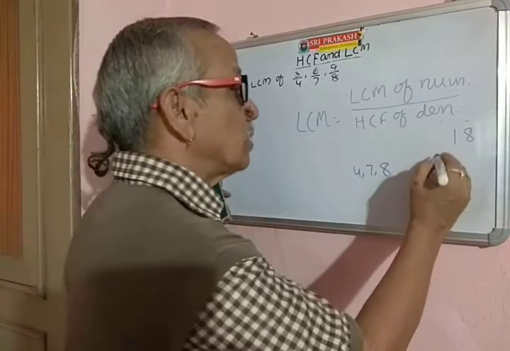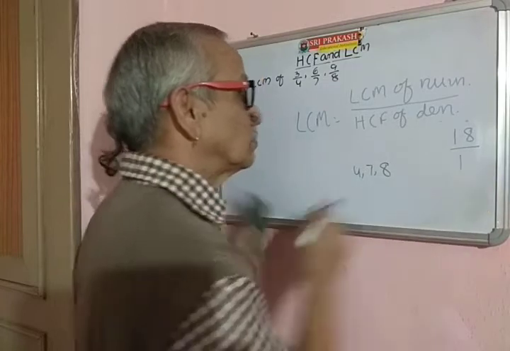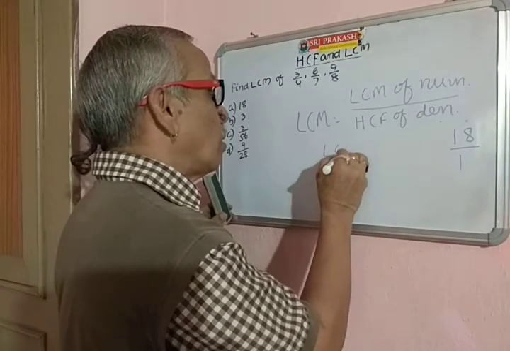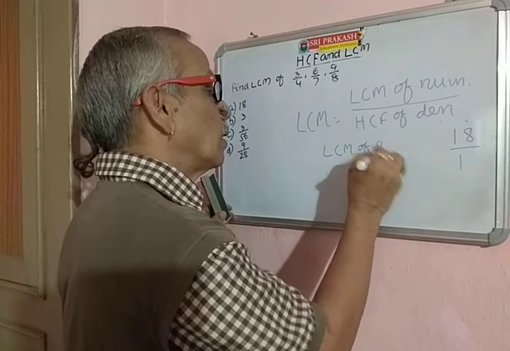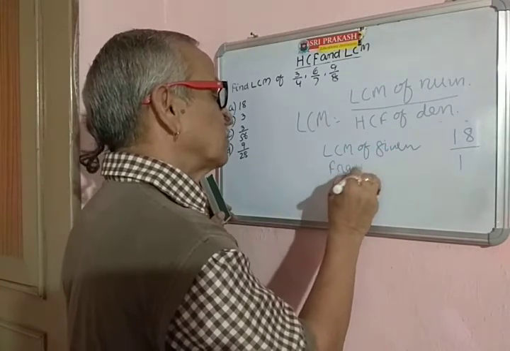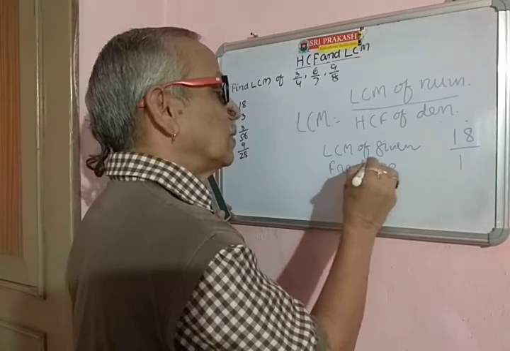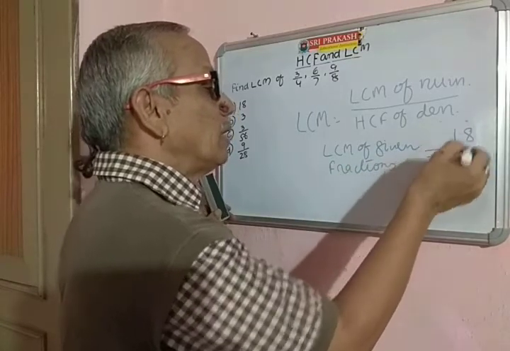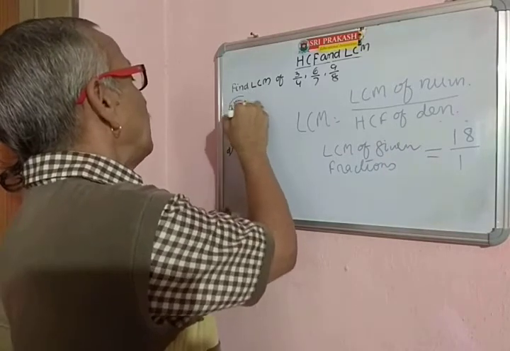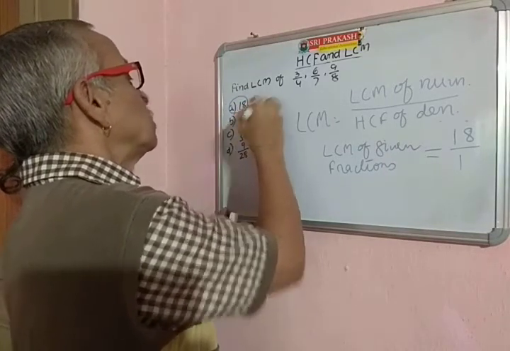So the HCF will be 1. So LCM of given fractions is equal to 18 by 1, or 18. So your A is the right choice.